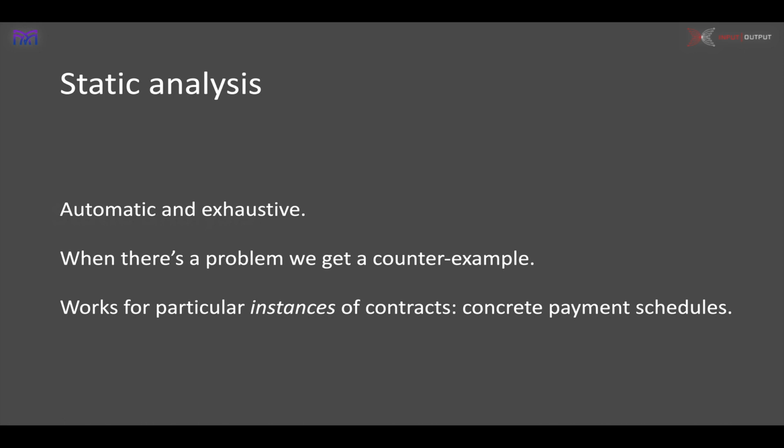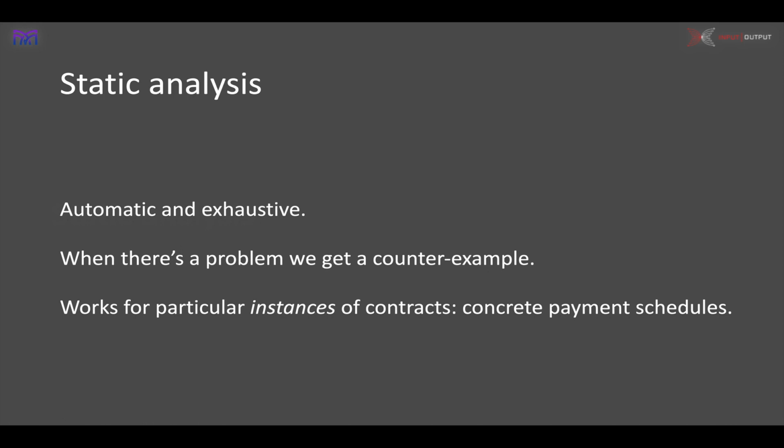It does check every possible path through the contract. And what's particularly nice about this is where there is a problem, we get a specific counterexample. So if the contract can go wrong, we show you a particular way you can get to that wrong state. We show a particular set of transactions which leads you to that erroneous behavior.